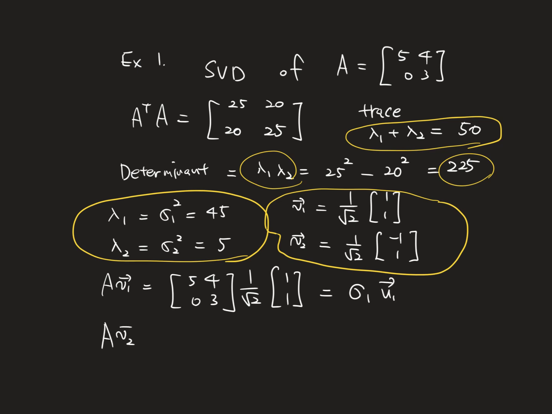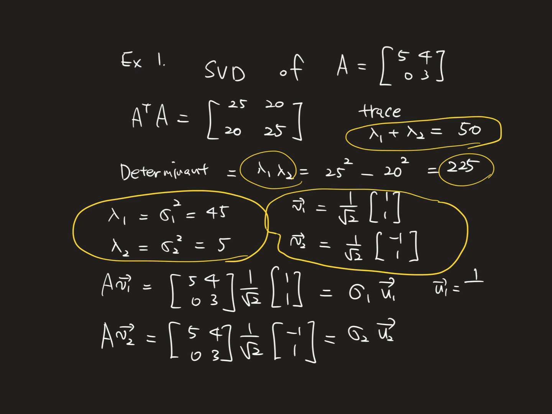And similarly, we have 5 4 0 3 times 1 over square root 2, minus 1, 1, and it'll be sigma 2 U2. We know sigma 1, and so we can find U1 vector, which is 1 over square root 10, 1, 3, and U2, which is 1 over square root 10, minus 3, 1. So we have the U matrix.